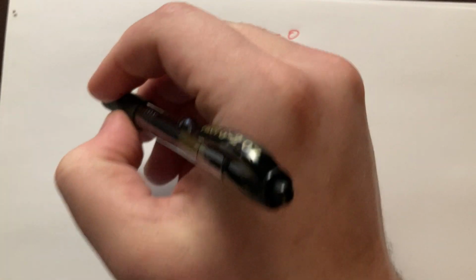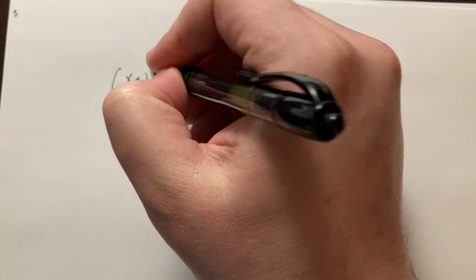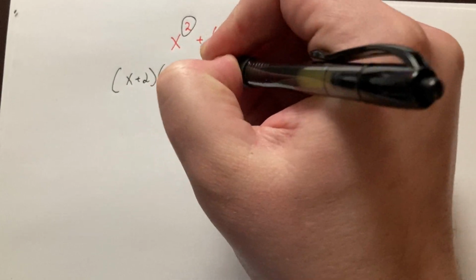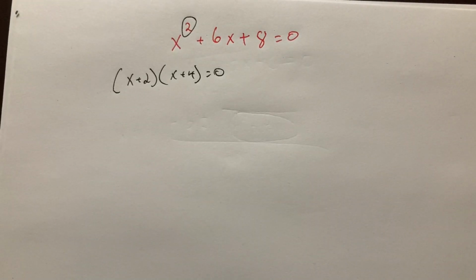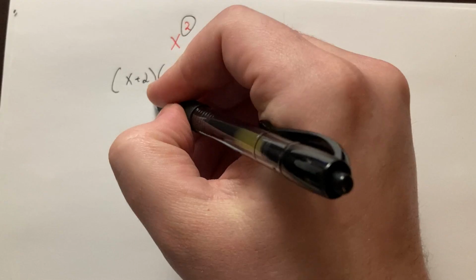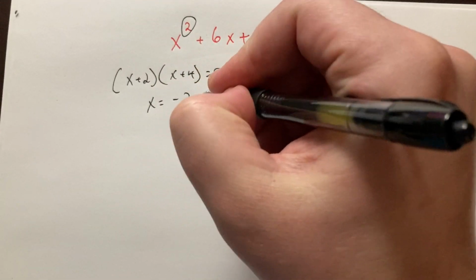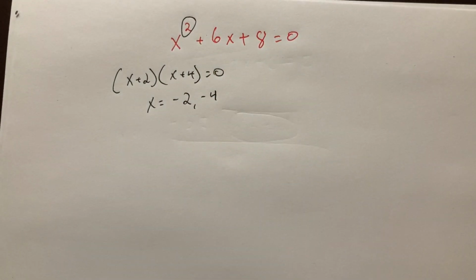You get x plus 2, x plus 4 equals 0. The zero product property tells us that x must be -2 or -4. That's easy. But sometimes we can't factor, or factoring would be a real pain.